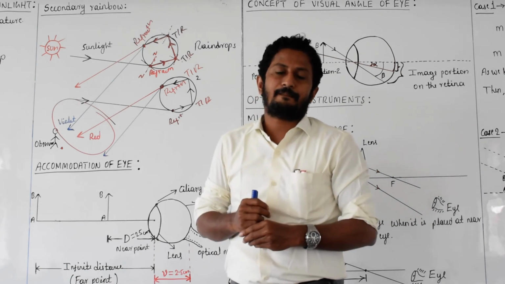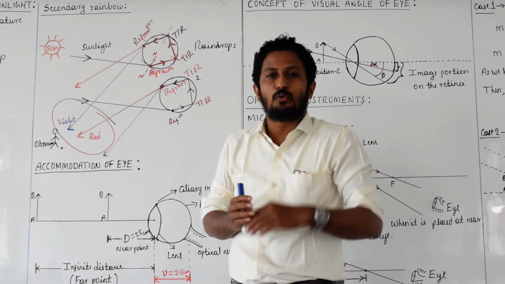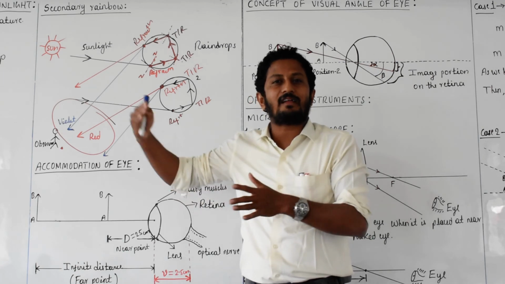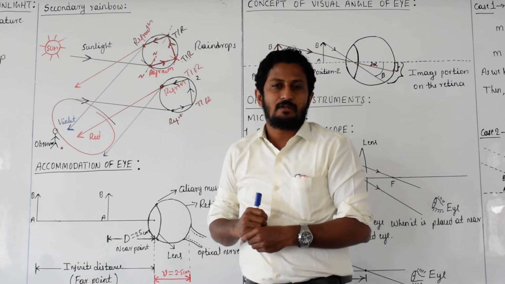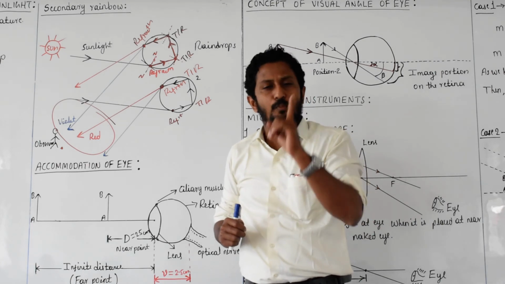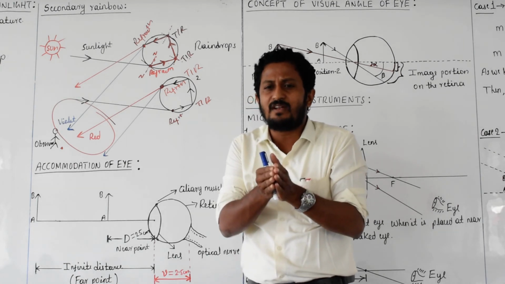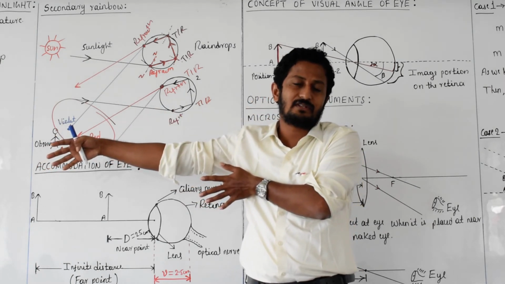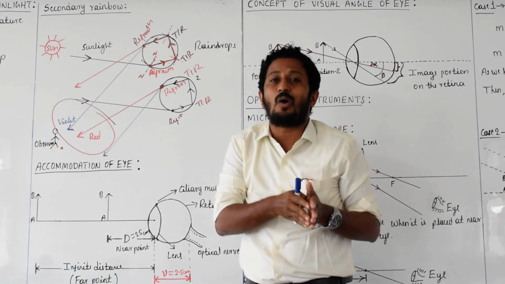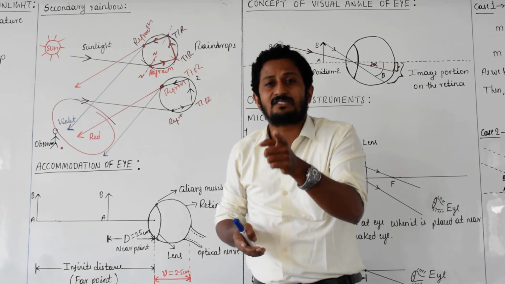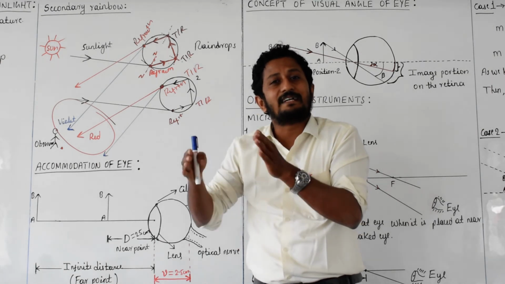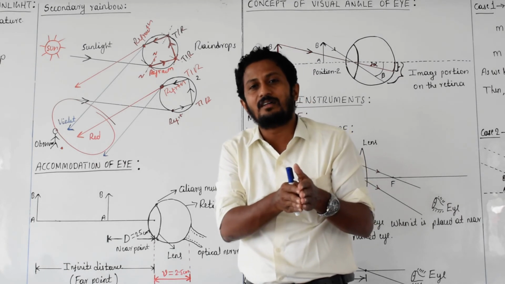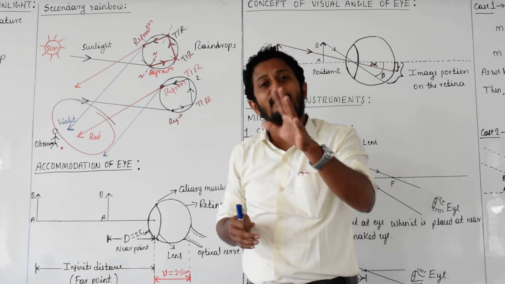The ability of the eye lens to produce sharp images of objects which are at different positions, always on the retina, is called the power of accommodation of the eye.